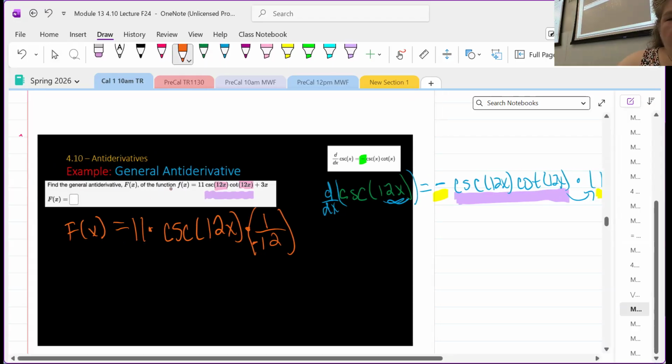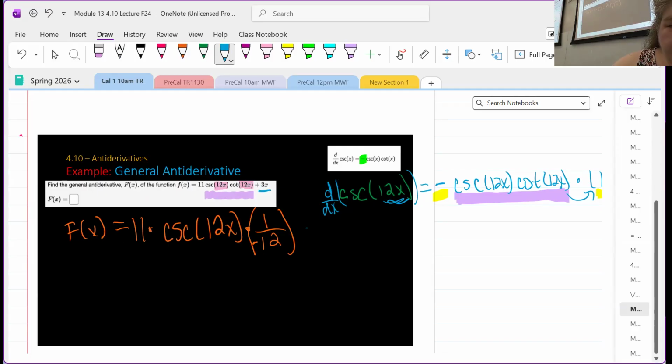So that handled the weird trig part. Now we still got the plus 3x. So plus 3 times, that'll become x squared over 2. And then plus c.